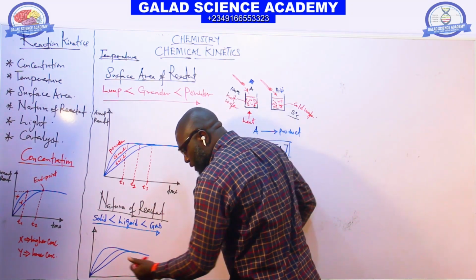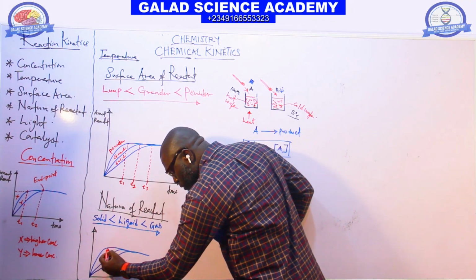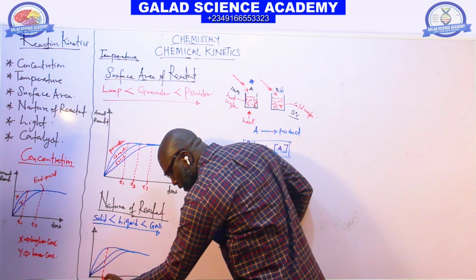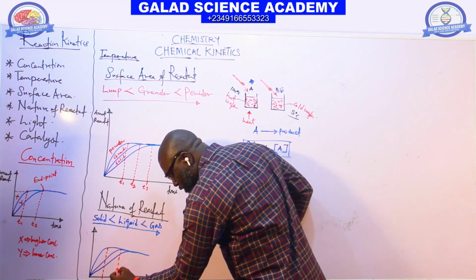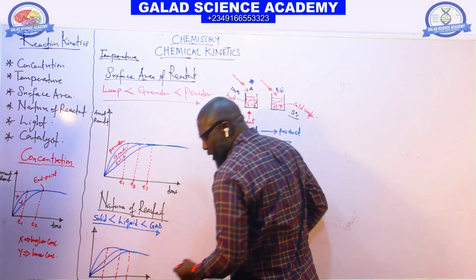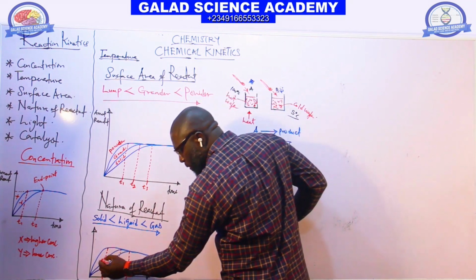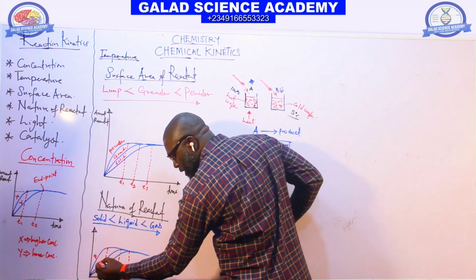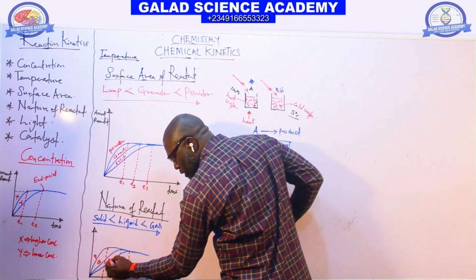This place will be T1, this place will be T2, and this will be T3. Let me call these curves P, Q, R.